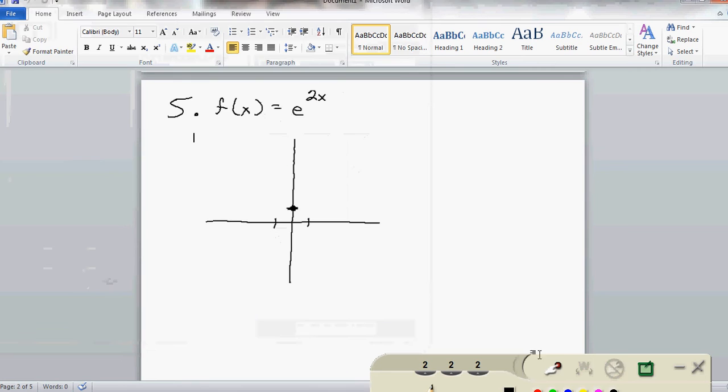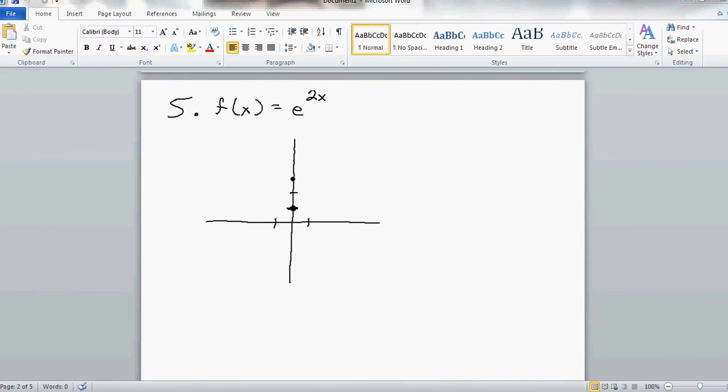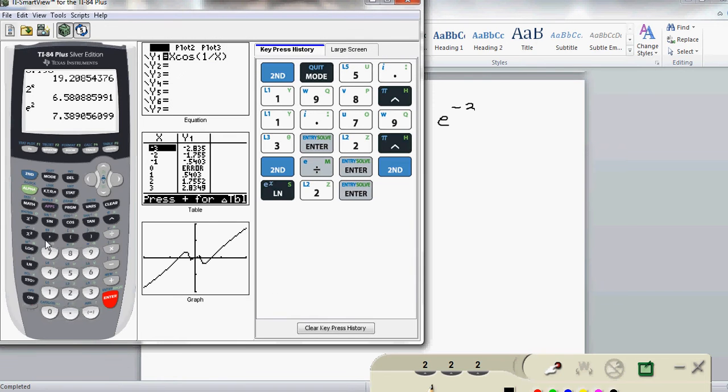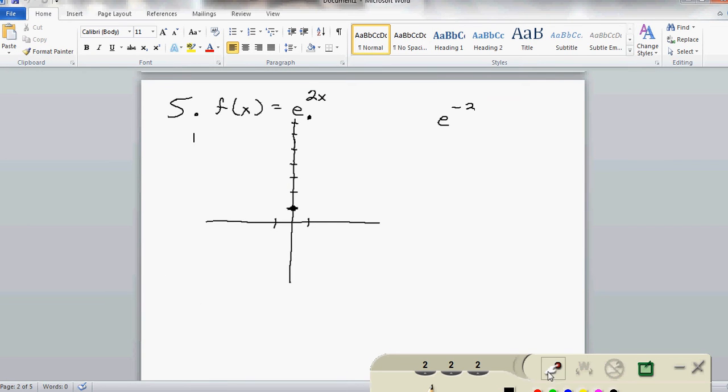So I'm going to come back over here to my graph and go to 7.38. 3, 4, 5, 6, 7. So that's way, way, way up here. Then I'm going to do the same thing for -1. I'm going to plug in what is e to the -2 power. So I go back to my calculator and find that second natural log, that's what the ln, raised to the -2 power is equal to what? 0.135, so a very small thing here.